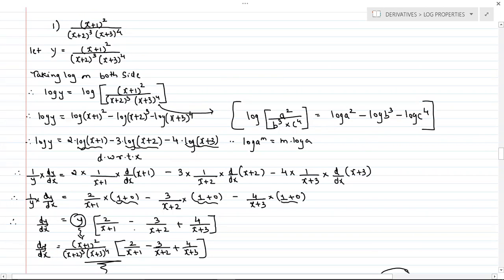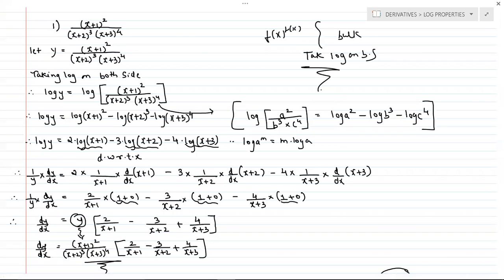Okay, I hope you all understood this sum also. The concept is very simple. Whenever you see function raised to function or a bulk term, straight away apply taking log on both sides. Okay, and as I told, the property of log will play an important role in exercise number 1.3 also.